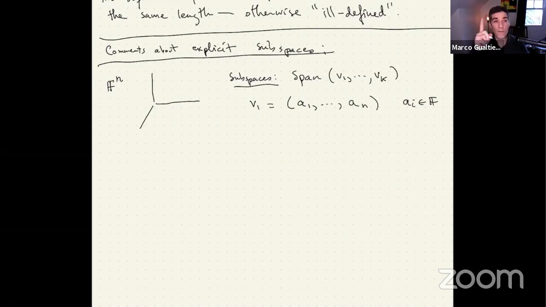So I've given you one vector, and we're going to be taking all multiples of that vector. I'm going to give you another vector, let's say b1 up to bn, where the bi's are in F. And I give you this data.